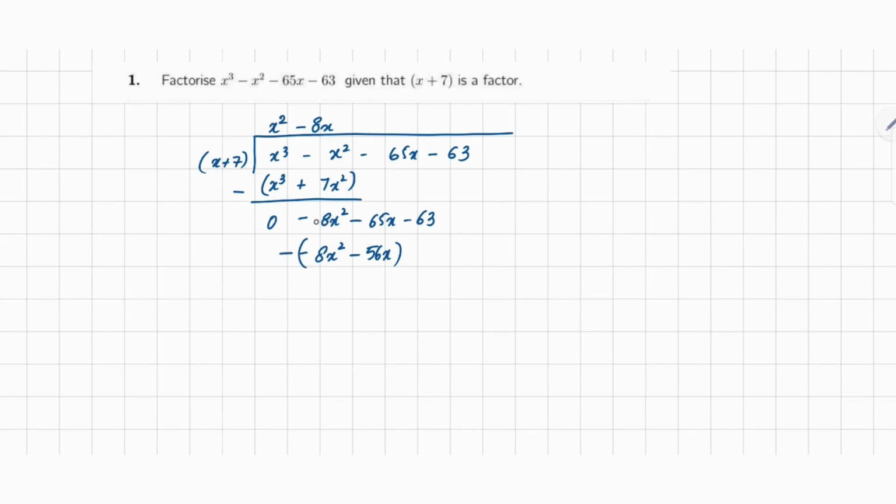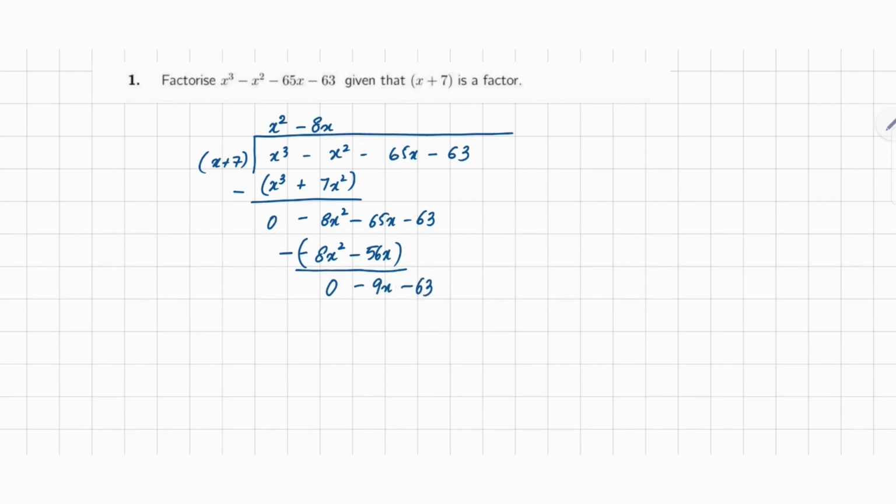So that's minus 8x squared, minus of minus, that's plus 8x squared. You have 0. And then minus 65x plus 56x, which gives us minus 9x minus 63.